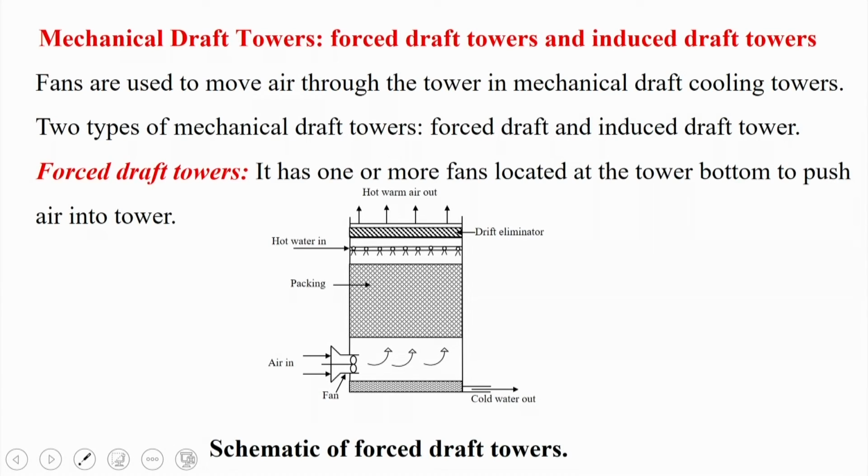The first type is the forced draft cooling tower. It has one or more fans located at the tower bottom to push the air into the tower. The air comes in, the fan forces air to enter through the tower, and the entire tower is packed with packing material. Hot water is sprayed from the top of the cooling tower, and there is a drift eliminator.